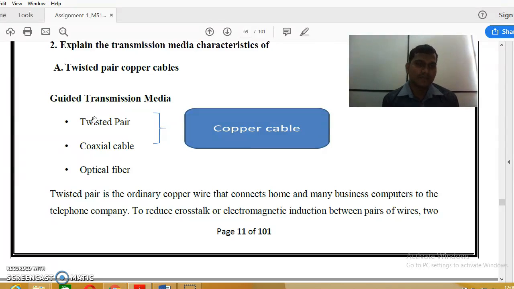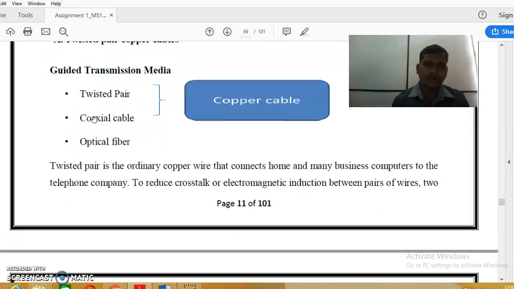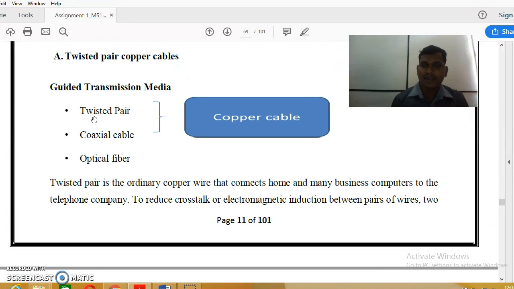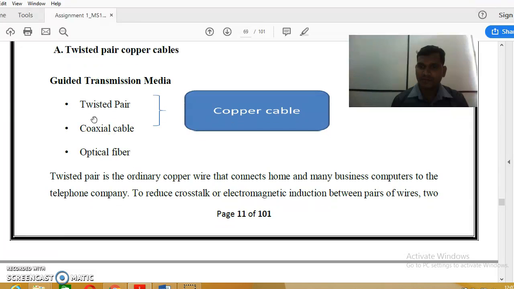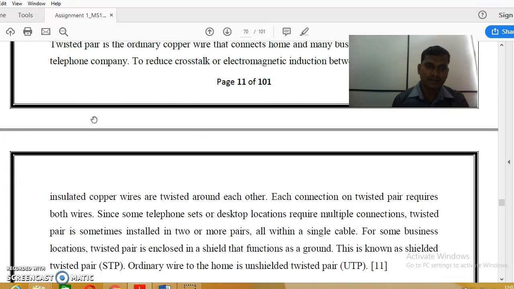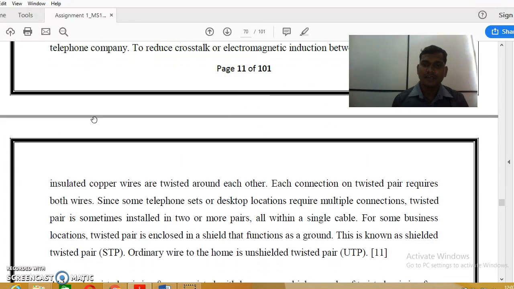In this, twisted pair cable, coaxial cable, and optical fiber come under guided transmission media. Twisted pair copper cable. Twisted pair is the ordinary copper wires that connect homes and many business computers to the telephone company. To reduce crosstalk or electromagnetic induction between the wires, two insulated copper wires are twisted around each other.